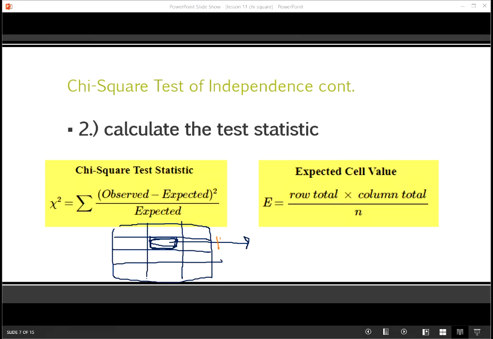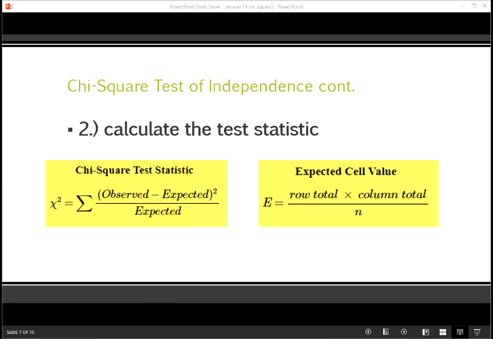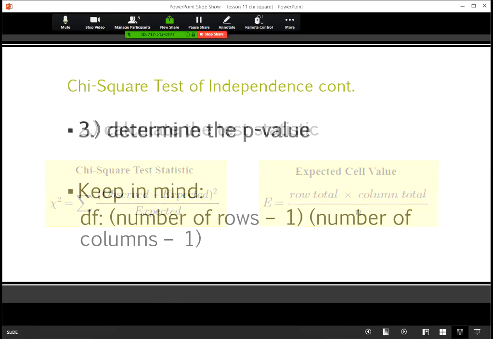So whatever this number is, that's going to be your row total, times your column total, which is the one down here, and then divided by n, whatever your sample size is. The idea is that your cell is the intersection between your row total and your column total, and that's how you would find the expected cell count for this one specific cell by hand. But like I said, we usually use software to do that.